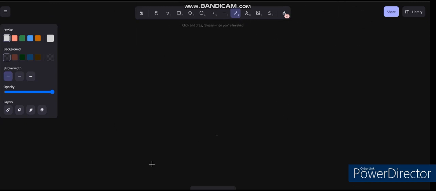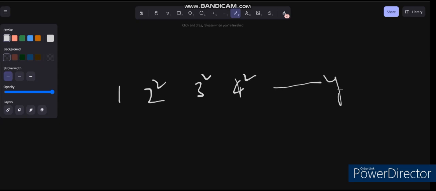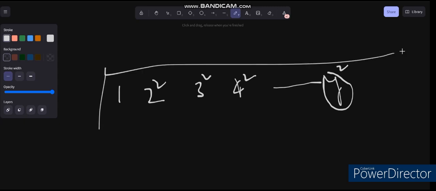So y is what? 1, 2 square, 3 square. The energy value was like this, y square. So y was like an index. Okay, right. Now to perform binary search, we have this energy array.